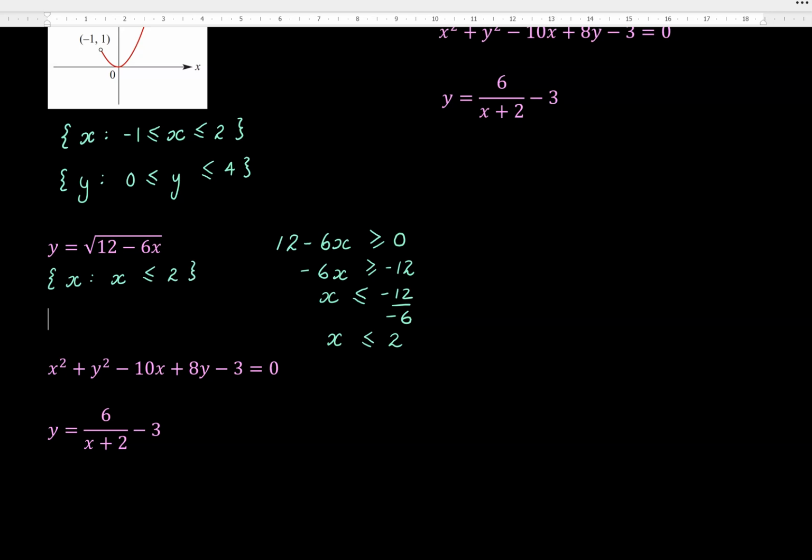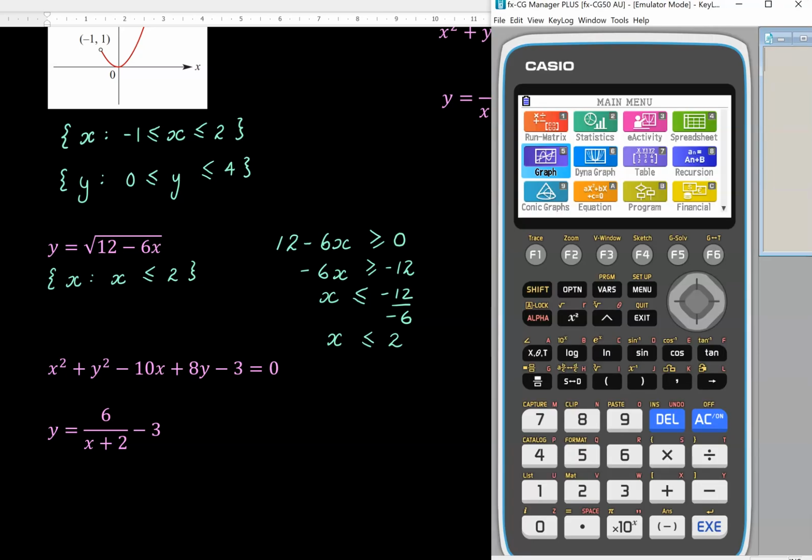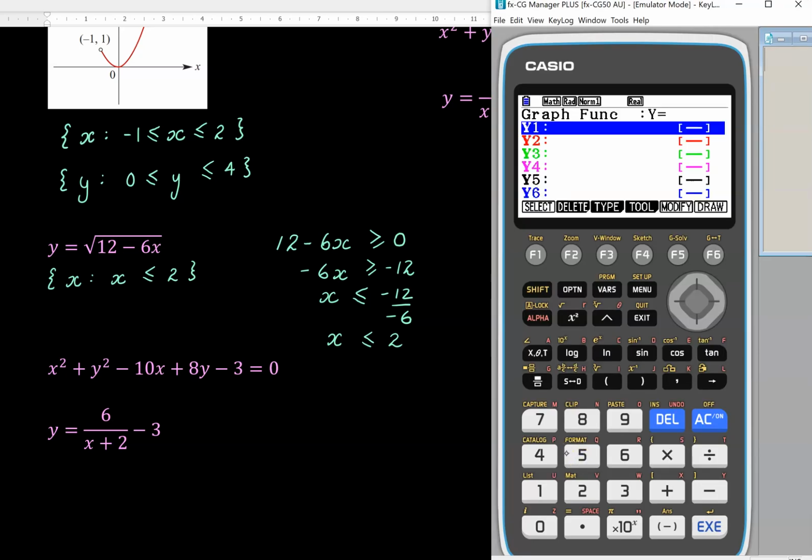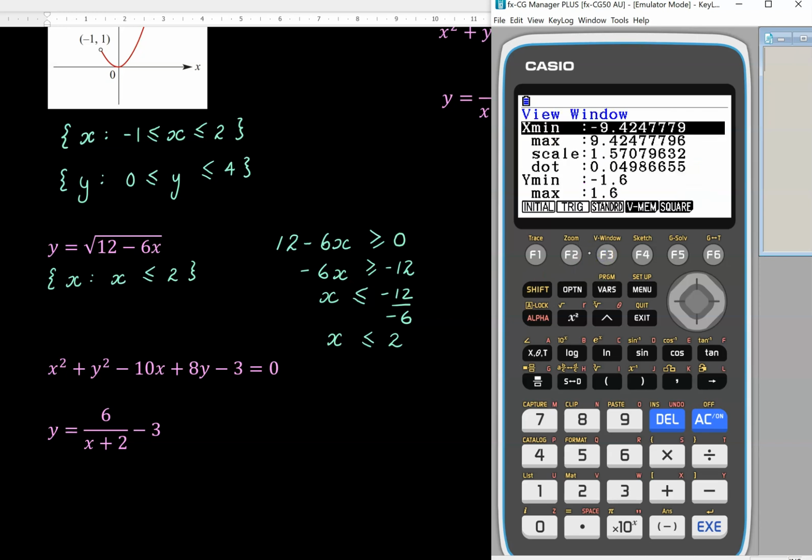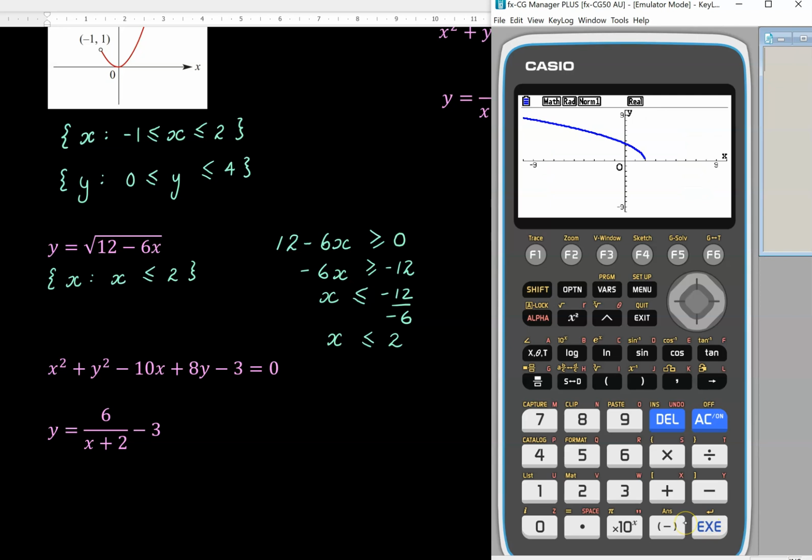Let's have a look at what that looks like on our graphics calculator. Alrighty, so into our graphing mode, let's just pop that in, 12 take 6, x. Enter before we graph. Let's have a look, shift view window, probably press standard, let's go with that one. Okay, so we can see there that we agree x has to be less than or equal to our 2 value there.